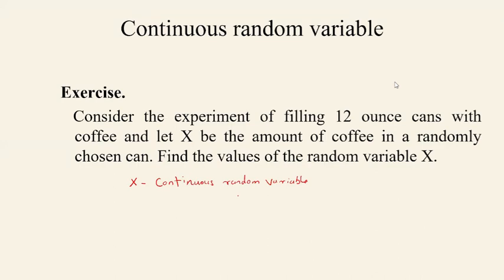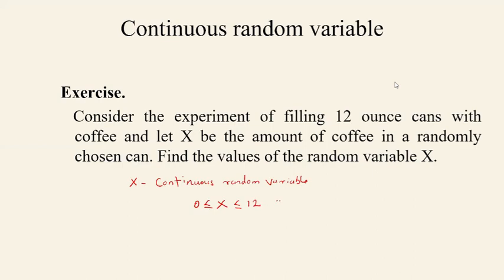To specify the interval, we have to know the lowest and the maximum value. If there is no coffee in the can, then the minimum value will be 0. So 0 less than or equal to x less than or equal to 12. Maximum 12 ounces or minimum 0 ounces, and any value in between is possible. So the values of the random variable are given by this.